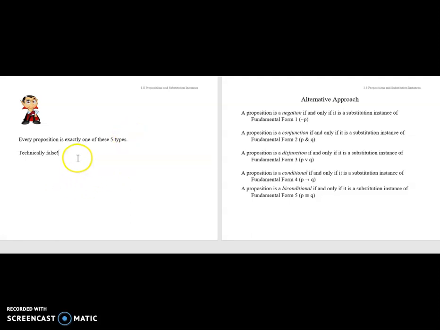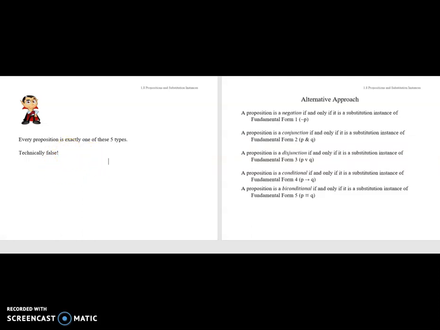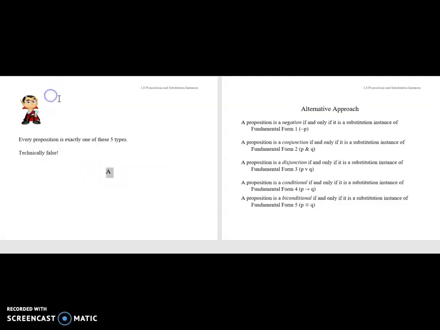Okay, hopefully you've had a chance to think about it, but you could have, for example, a proposition like, let's do this one, let's do capital A. Okay, so this proposition is, of course, not of any of these types, and yet it's a proposition. So this proposition doesn't fit this description, right? It's not one of these 5.